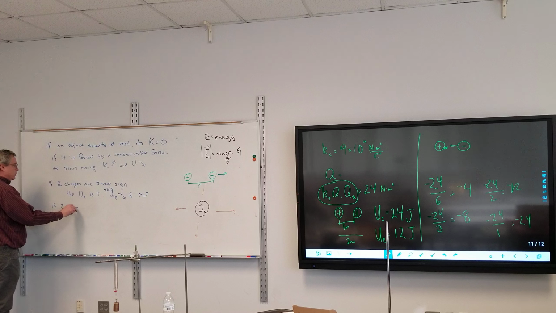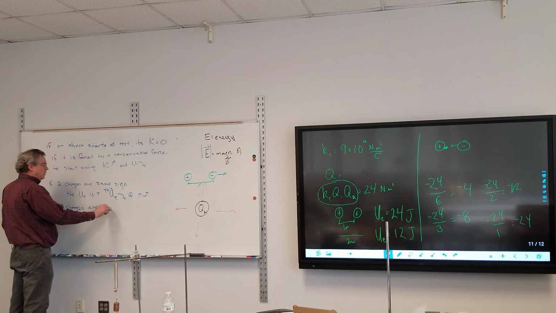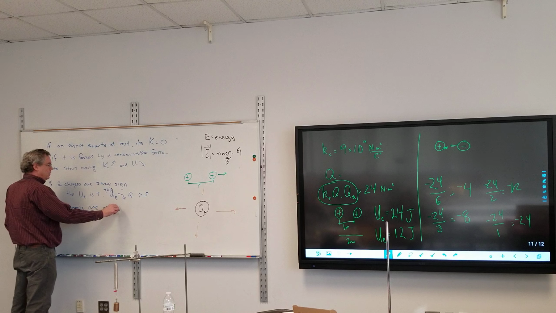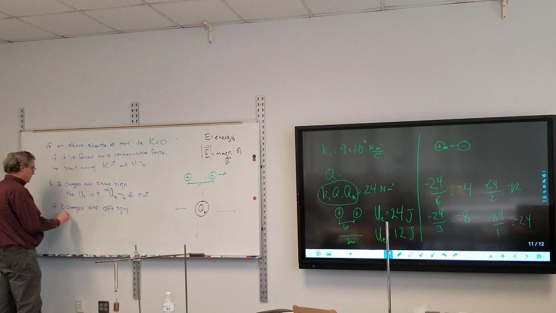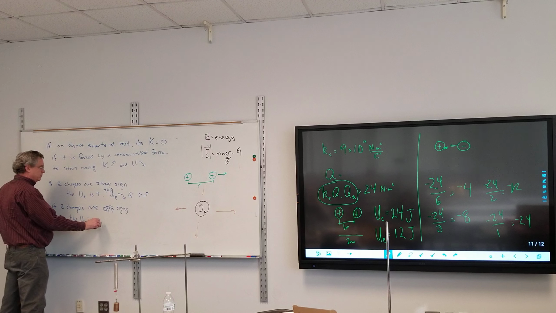If two charges are opposite signs, the electric potential energy is negative.